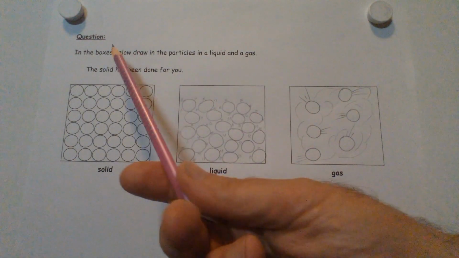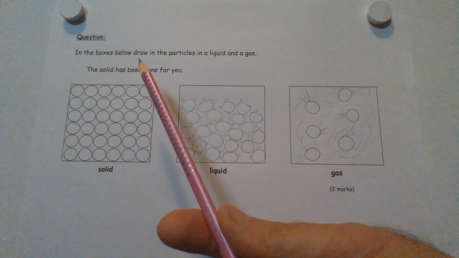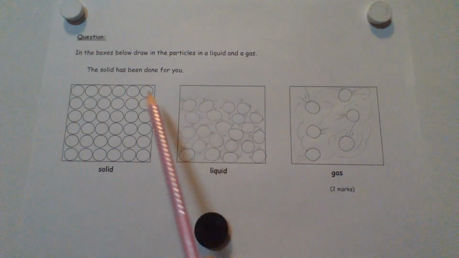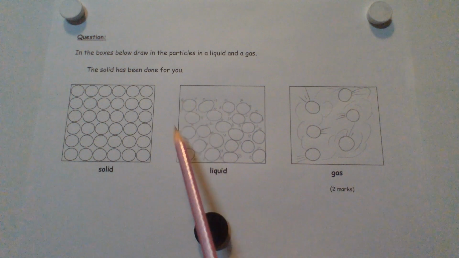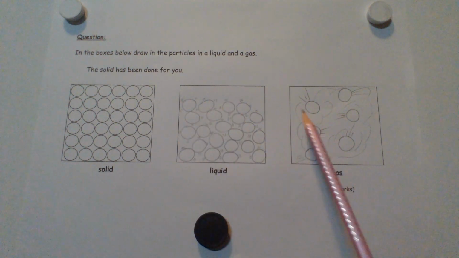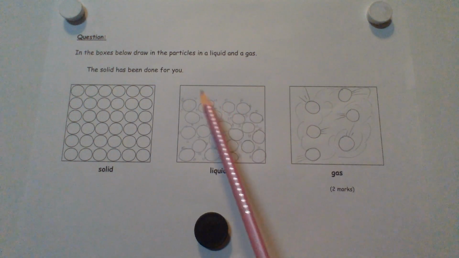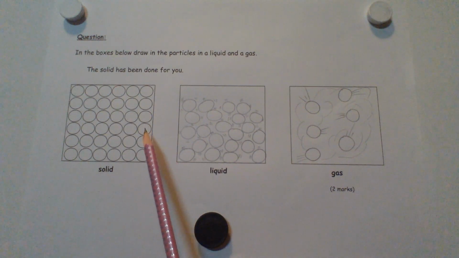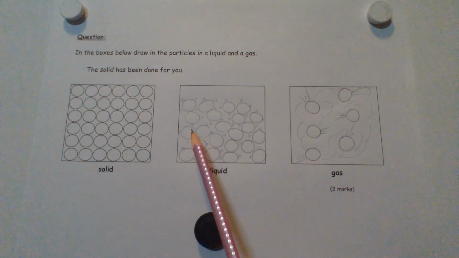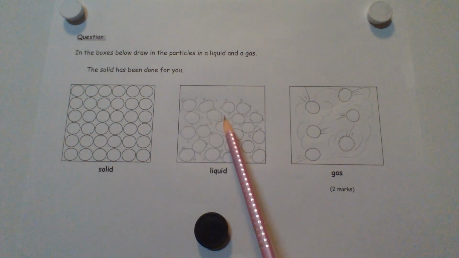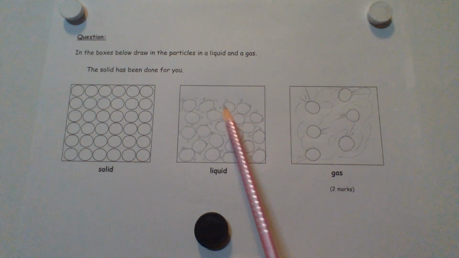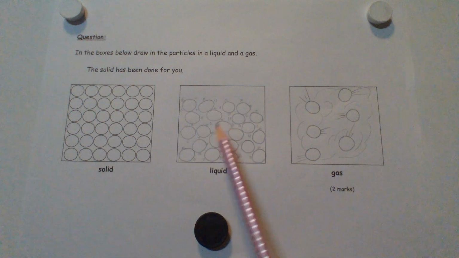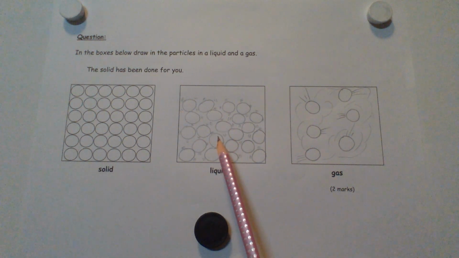So here are the answers to the question above. Hopefully you drew the liquid part and the gas part. For the liquid, you should have drawn particles about the same size as in the solid, making sure some are touching and some are not, and then making little dashes to give the impression that it's vibrating and moving.